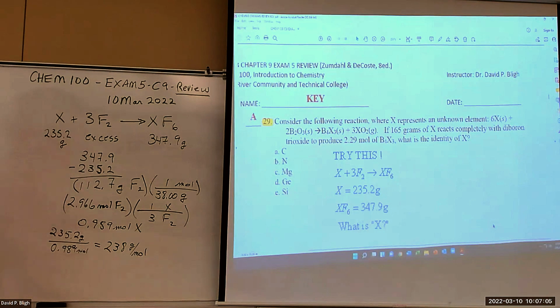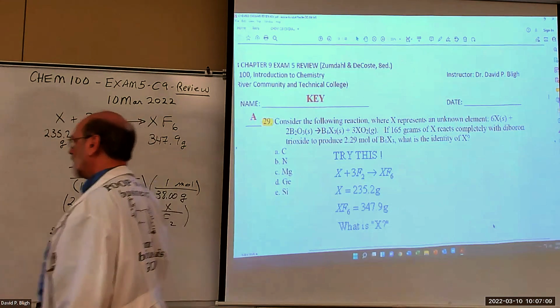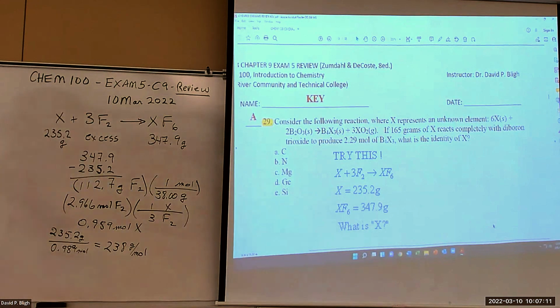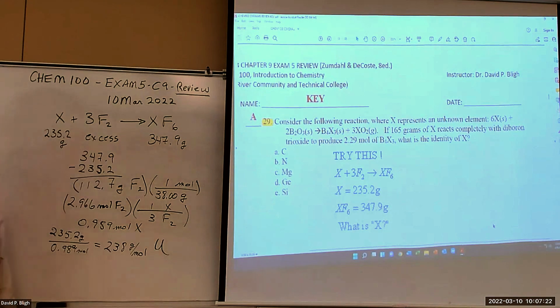Now we just have to go to the periodic table and follow it down until you find 238. And the closest one I can see is uranium. Okay.